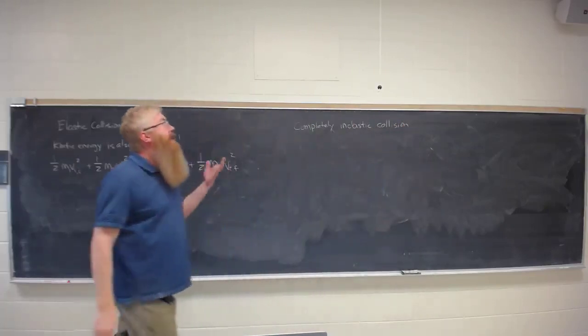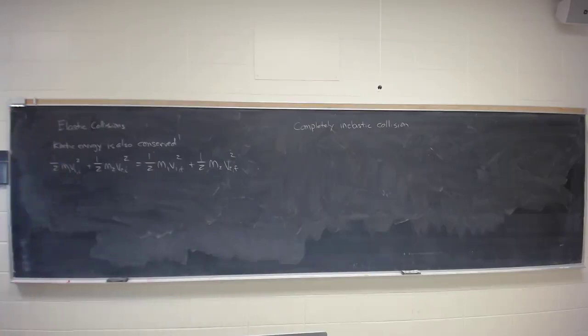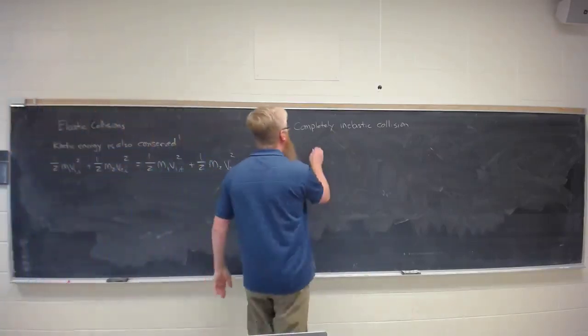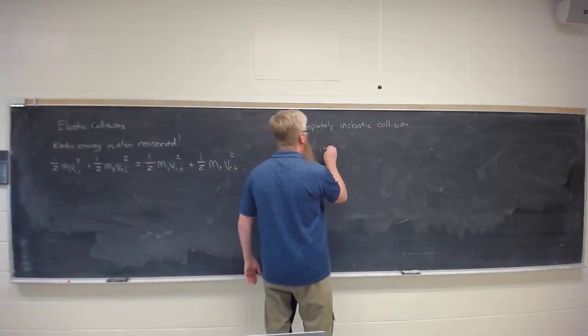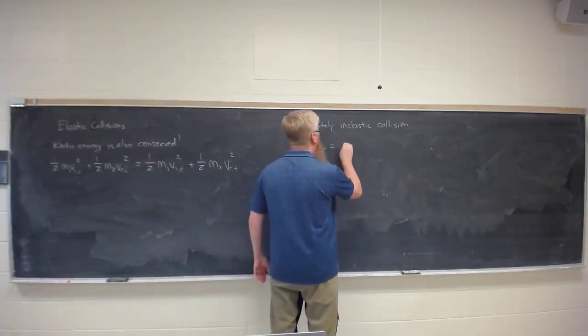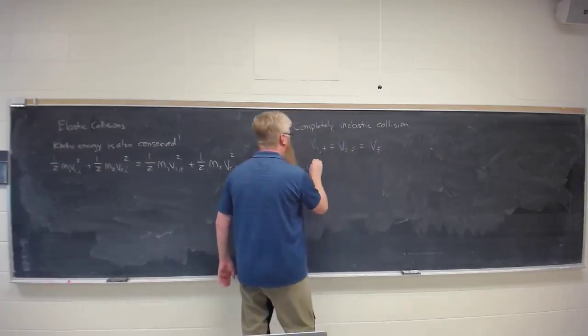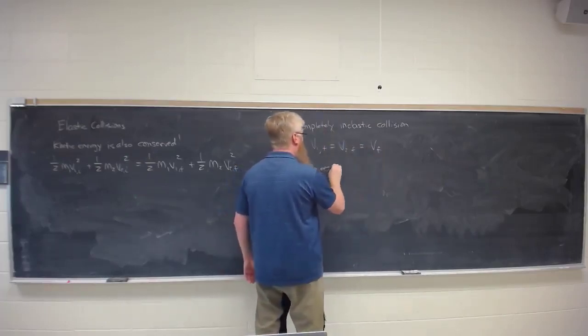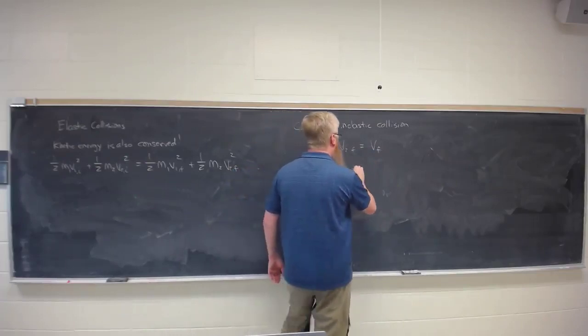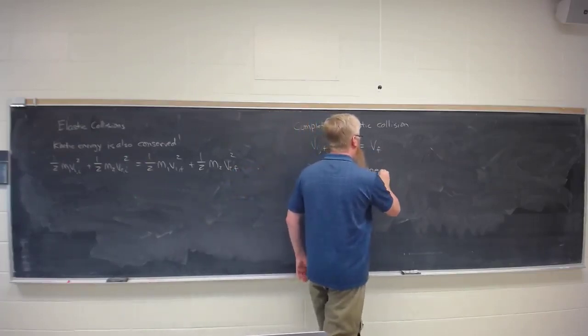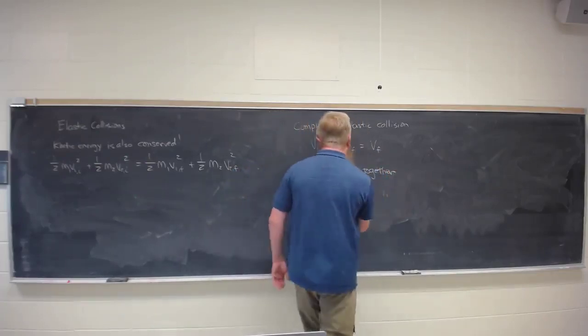In any type of inelastic collision, kinetic energy is not conserved. In a completely inelastic collision, what that means is v1 final is equal to v2 final, which we'll just call v final. The objects stick together after the collision.